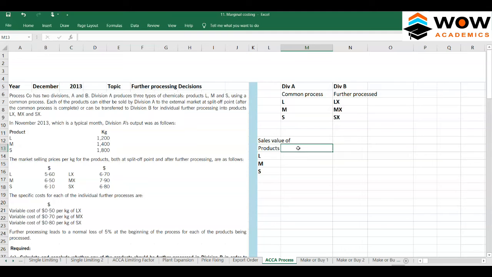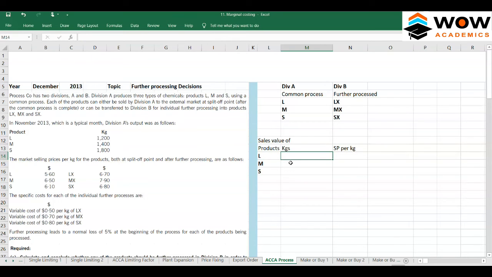These are the products, these are the kgs, and we need the selling price per kg.